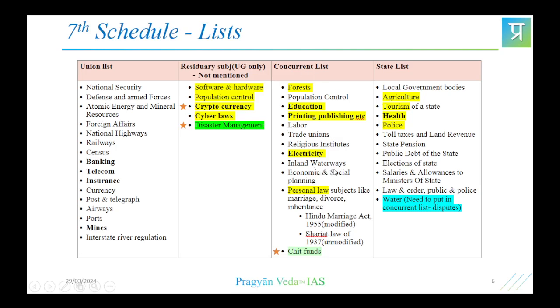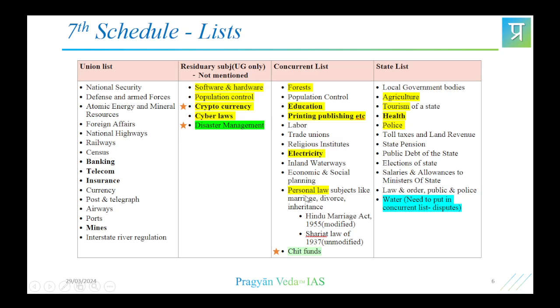Inland waterways, correct. So water is a state subject, but for the inland waterways, because we have these interlinking of rivers projects coming up, there is a need of having it in the concurrent list.